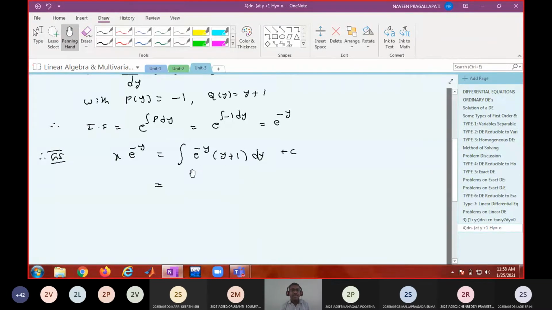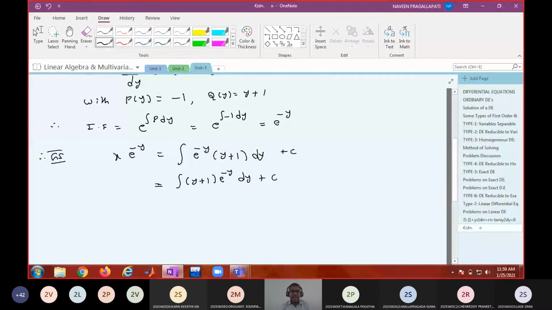Now how do you integrate this one? Can I write it as y plus 1 into e power minus y? Why am I writing like this? Because y plus 1 is a linear polynomial.